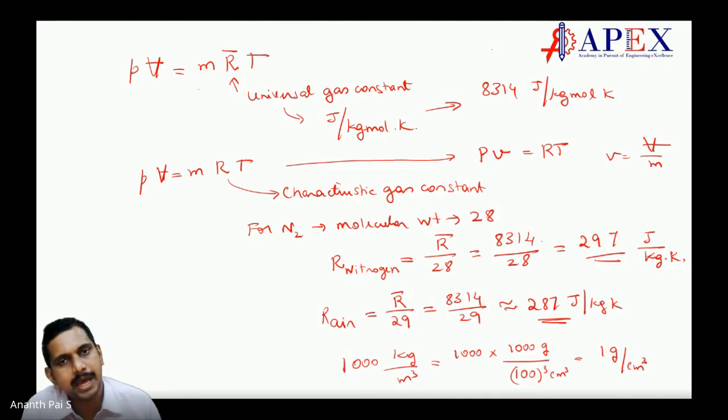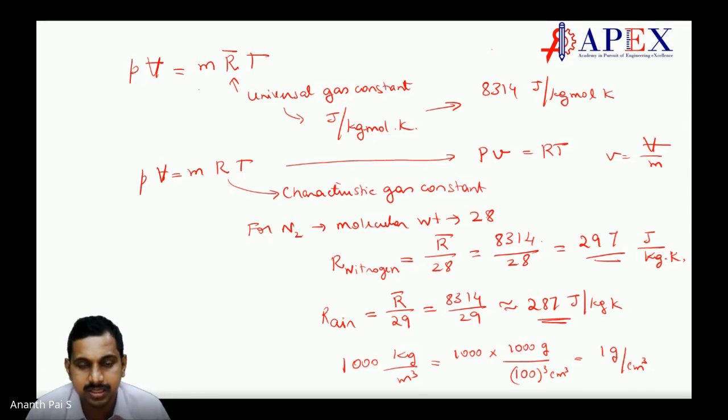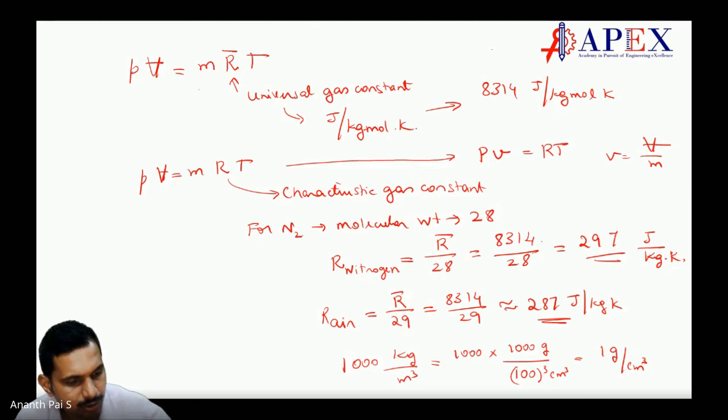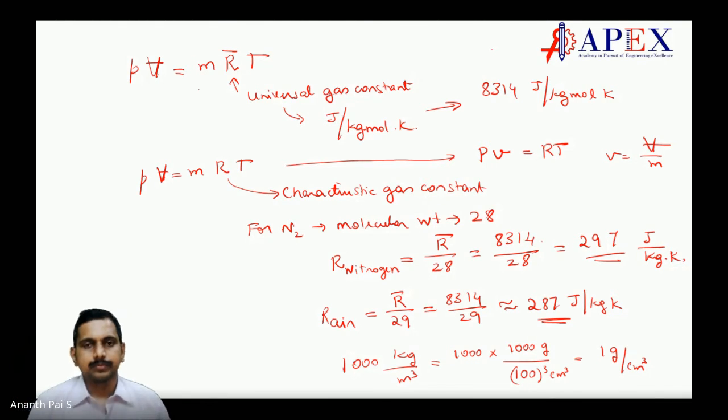If it is in gram mole, then 6.022 into 10 power 23, is it not? Chemistry is also important here. Our mechanical engineer needs mathematics, physics, as well as chemistry.